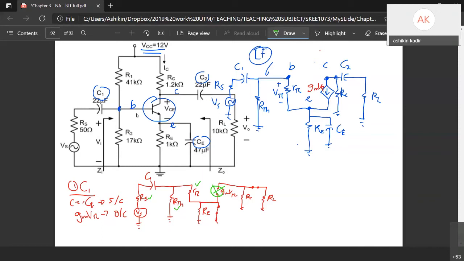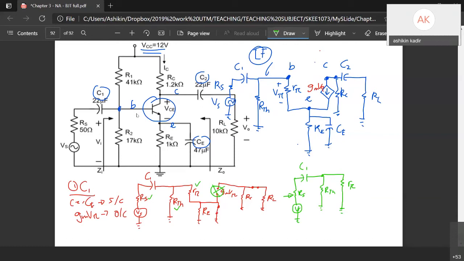Okay, Doctor. So I simplified it over here. C1, RS. So here RTH. Okay, so the circuit is simplified as this green color.